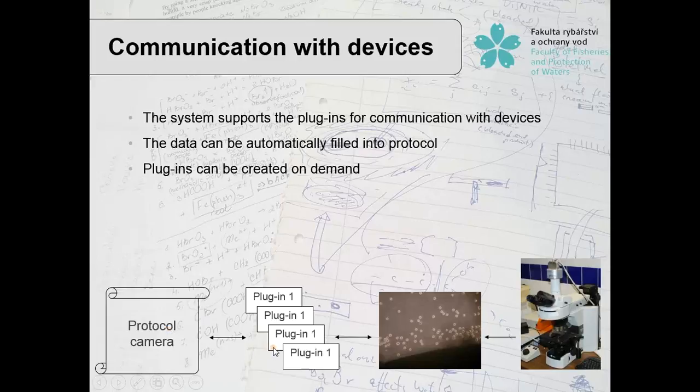So therefore, we needn't retype the information about the setting of the microscope into the protocol, but we can very simply just click on one button, and the tool will ask for the file where we can see the information about the setting of the device, and then it simply fills the information into the protocol. So the advantage is that it's faster, and it minimizes the errors that can happen during the retyping of the information.